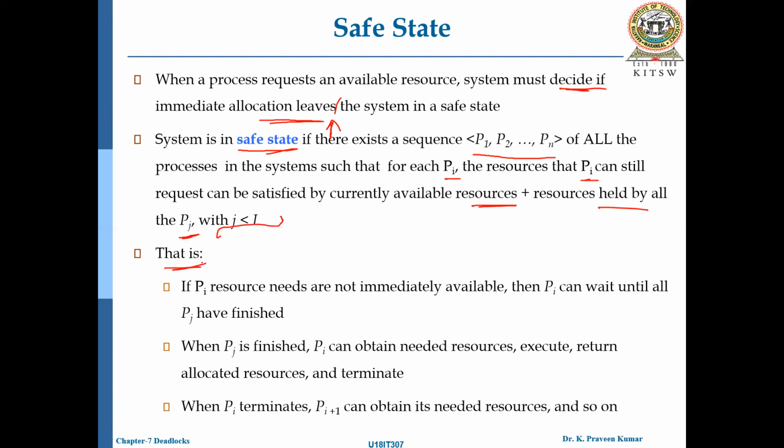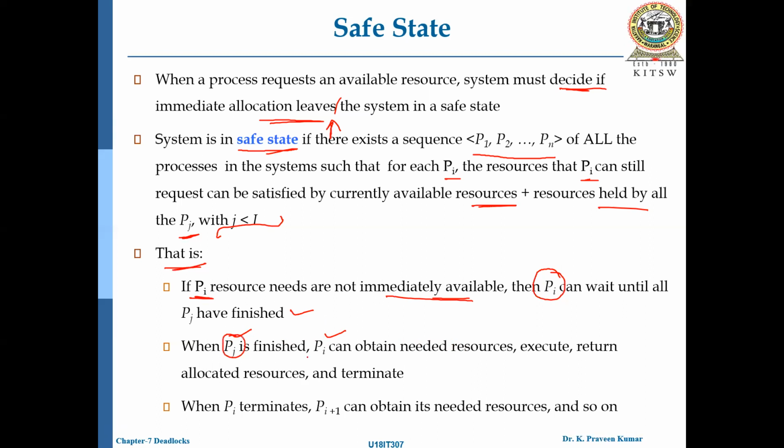That can be achieved if Pi's resource needs are not immediately available. Then Pi can wait until all the Pj have finished. When Pj is finished, Pi can obtain the needed resources.